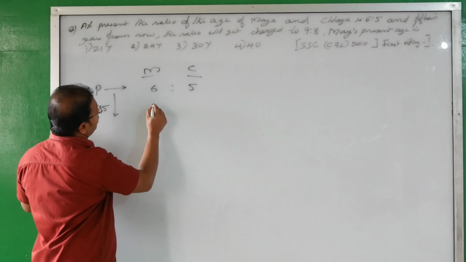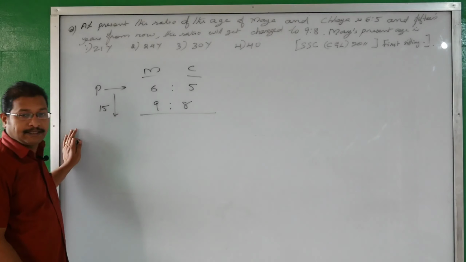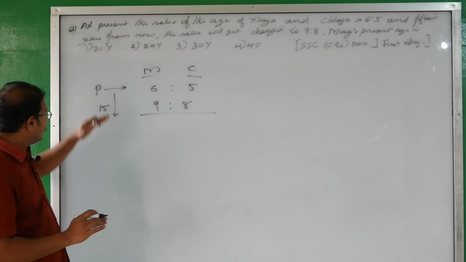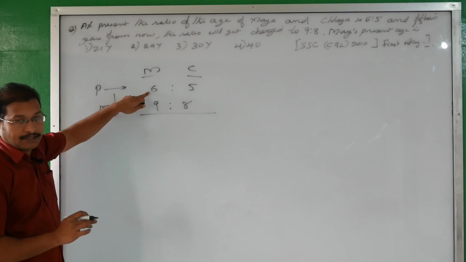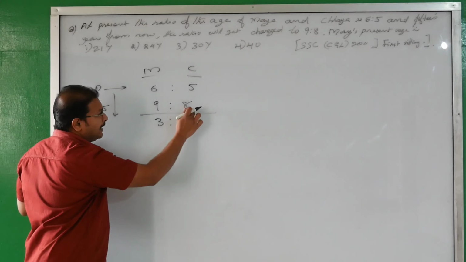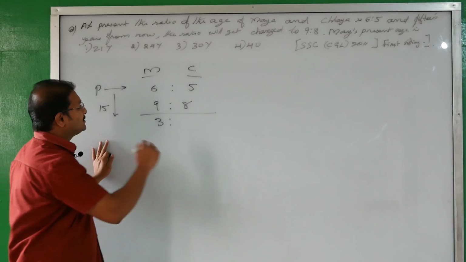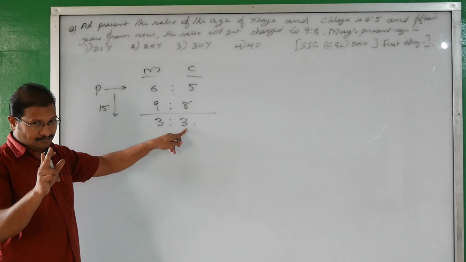That means what will happen? 9:8. Let's see the difference now. See, we got it. 9 minus 6 is 3, and 8 minus 5 is 3. That means we got 3:3.